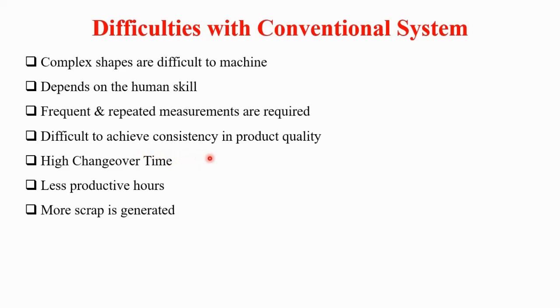There is a high changeover time, that is the job changeover time or tool changeover time is higher in conventional systems. There are also fewer productive hours, and more scrap is generated with these conventional or numerical control systems. All these difficulties are overcome in CNC machines.